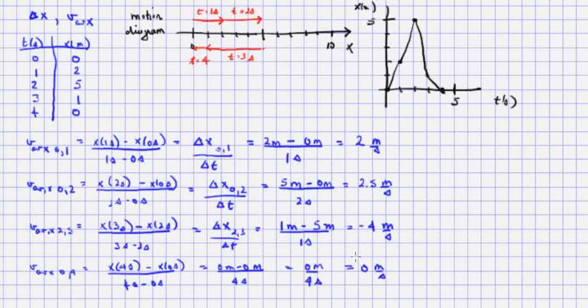So the average velocity over this full time interval is 0 because we came back to where we started.